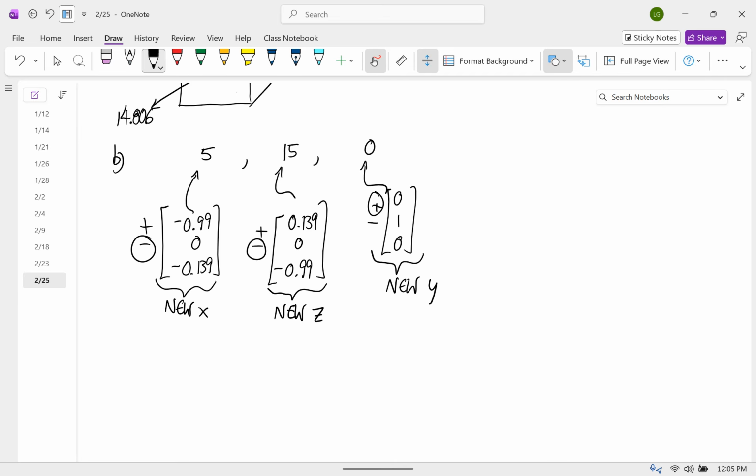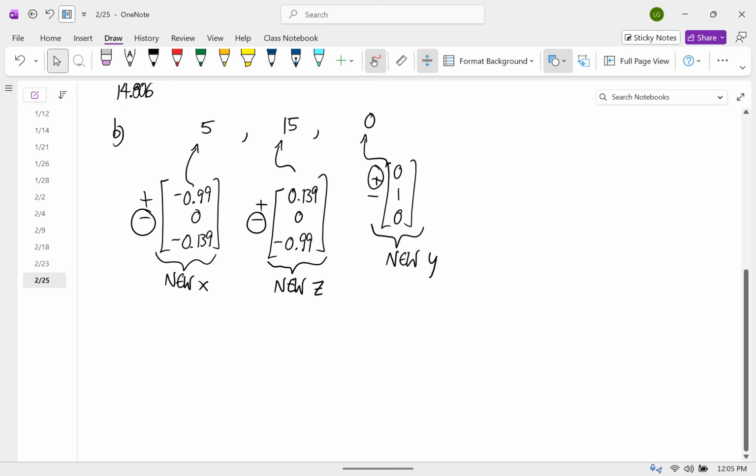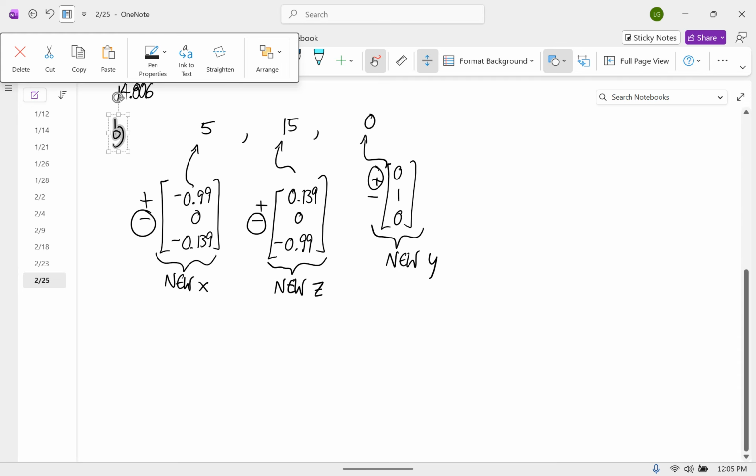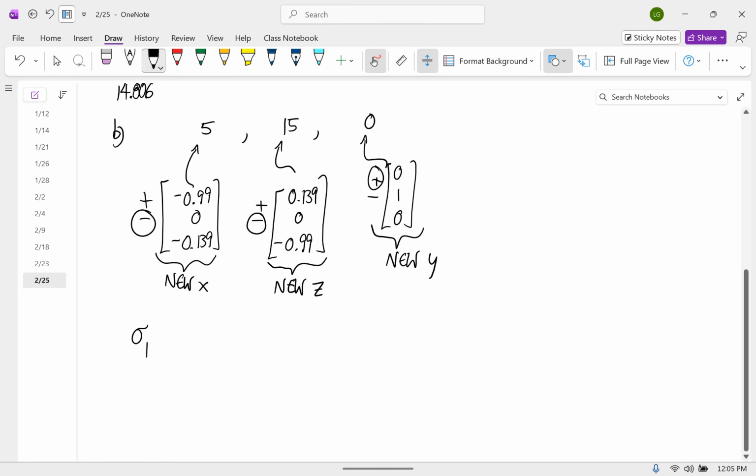And that means that they have to go in that order in the stress tensor. So my principal stress tensor would be, so that's my x, my y is 0, and my z is 15.